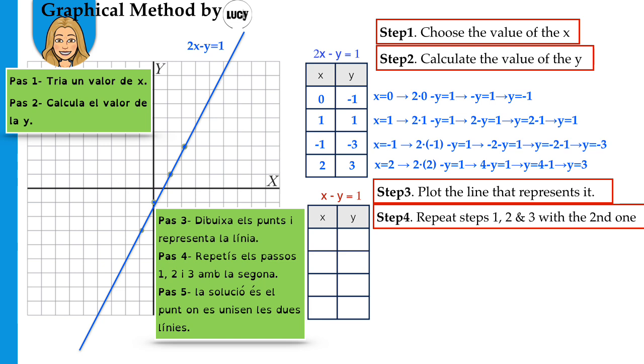Step 4. Repeat steps 1, 2, and 3 with the second equation.